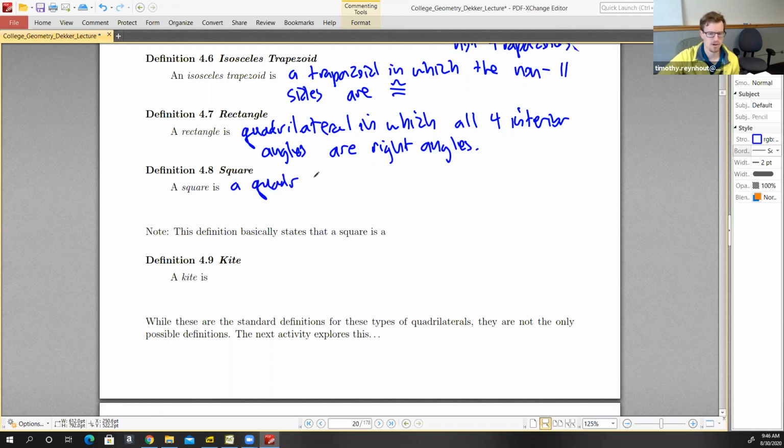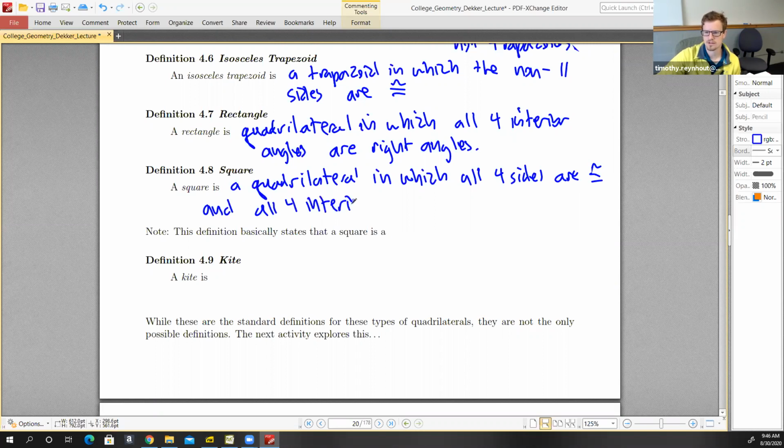And then a square is a quadrilateral. This one is probably the longest definition for us. A square is a quadrilateral in which all four sides are congruent and all four interior angles are right angles.